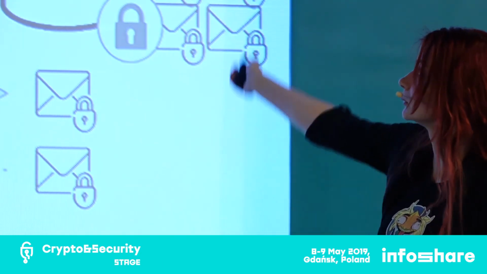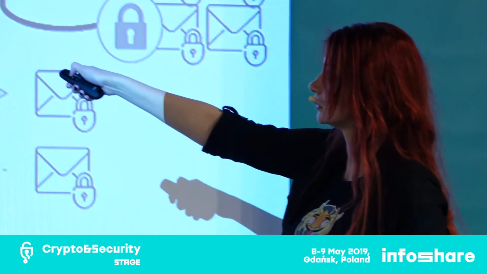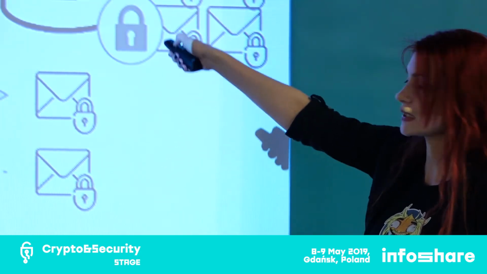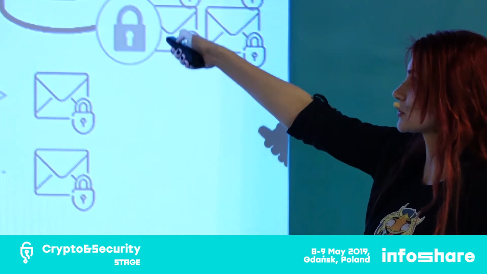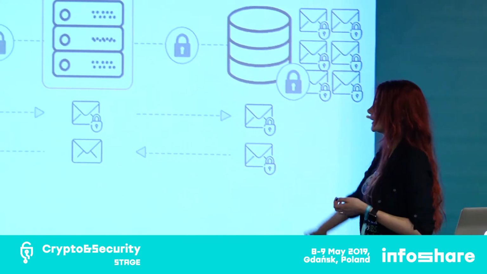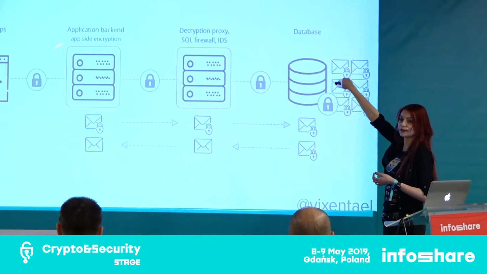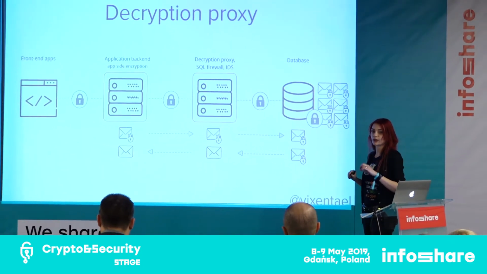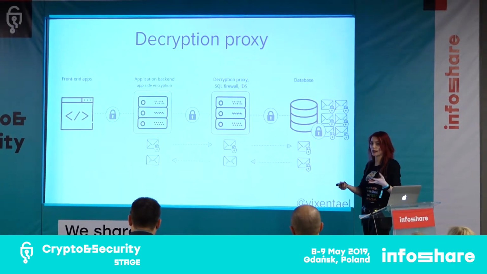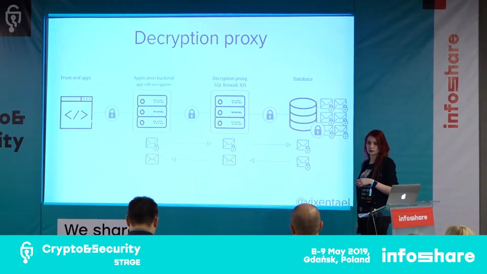And we will jump again right to our infrastructure. So what has changed? We have a separate service, the decryption proxy. It sits between the application backend and the database. And we add multi-layered encryption. Client-side encryption. By client, here we understand the application backend or mobile app. Proxy-side decryption.